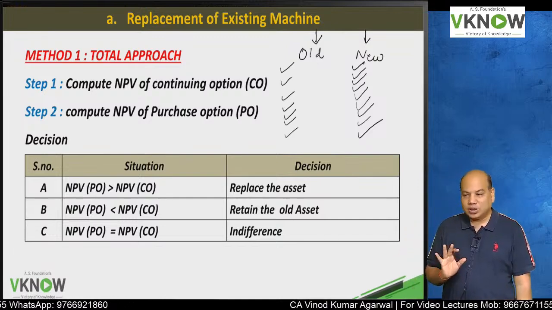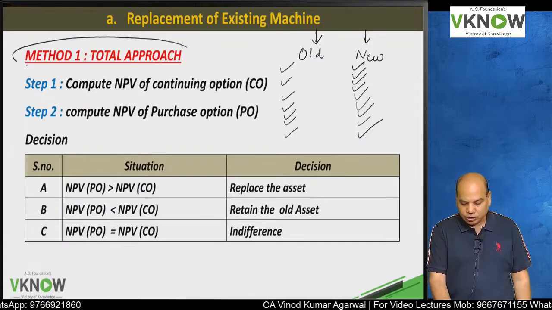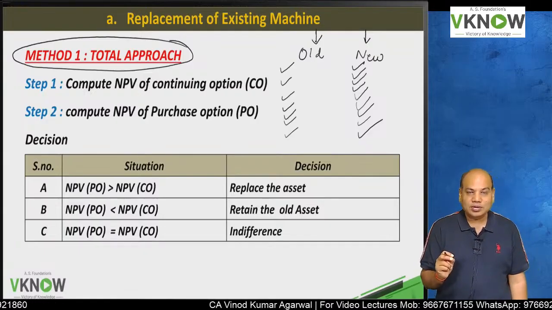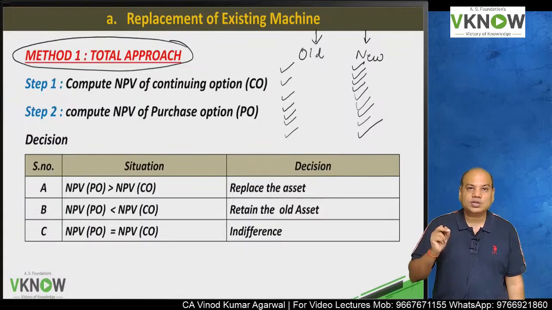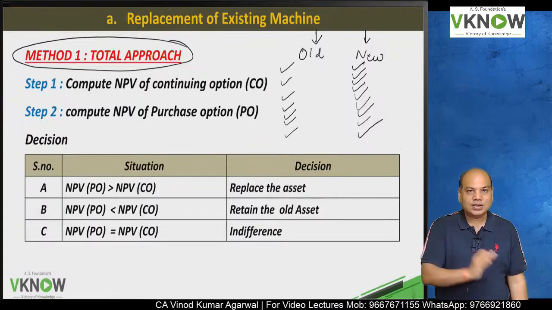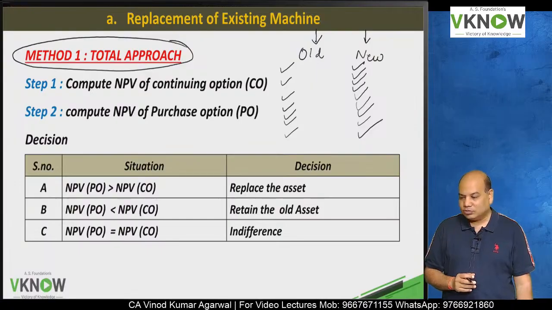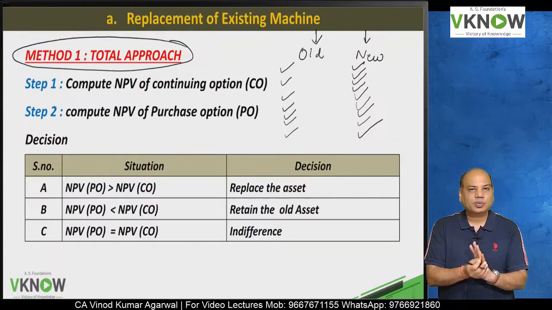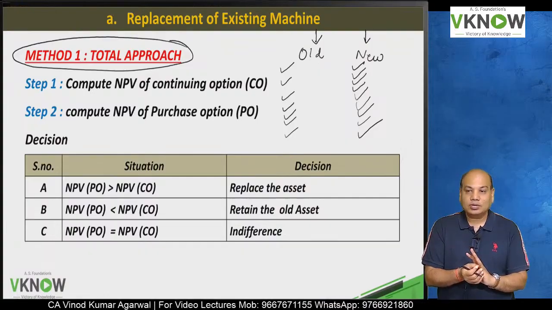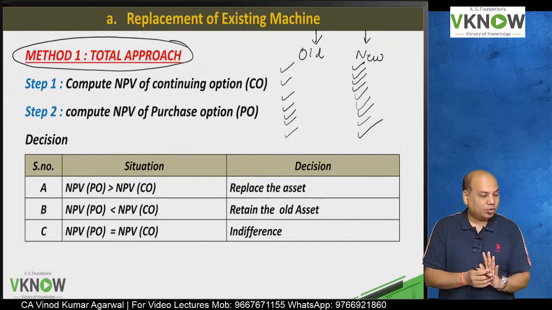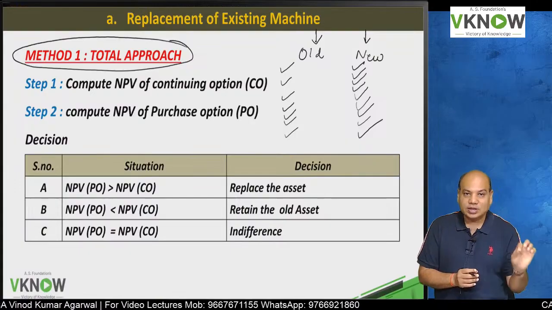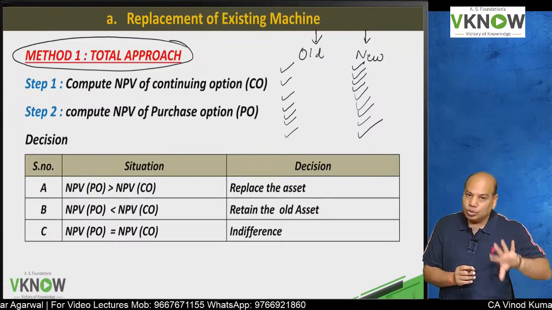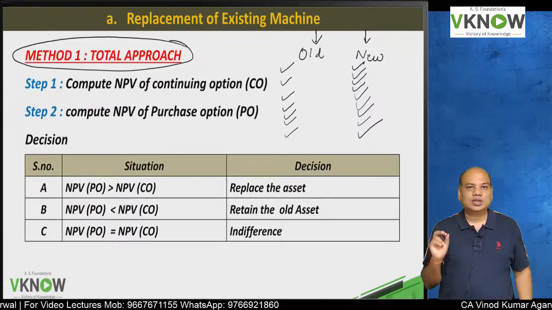Okay, total approach. But the problem of using the total approach is you should be given enough data. You should be given data in such a manner that you would be able to compute separately the NPV of the old asset and the NPV of the new asset, which means you should be given today the opportunity value of that asset, the working capital requirement of the new and old asset today, and sales, variable cost, fixed cost, running cost, maintenance cost, salvage of old asset and new asset separately.